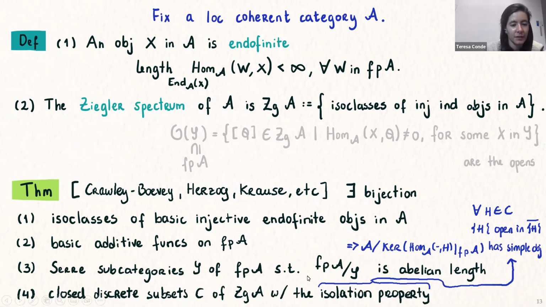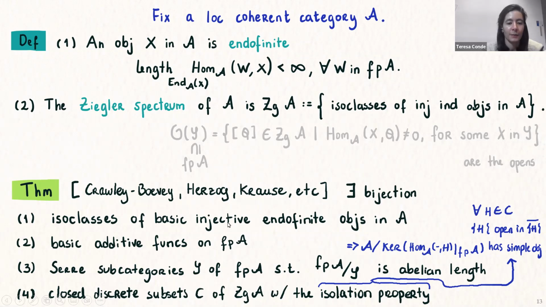And let me tell you a bit about how to go between these items. In order to go, let's say, from 1 to 2, it's quite clear what to do, because I said that the endofinite objects are the ones that satisfy this property in terms of the length.